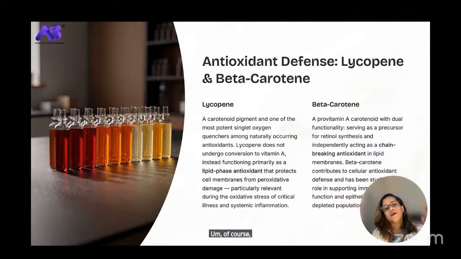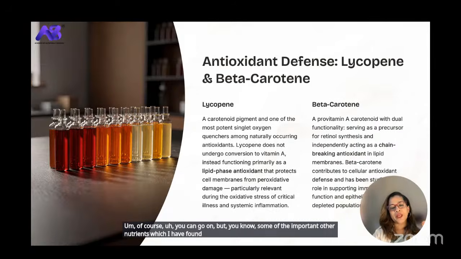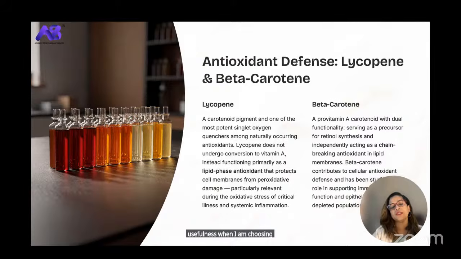Of course, you can go on, but some of the other important nutrients which I have found of great usefulness when I am choosing the right supplement are lycopene or beta carotene, which are very powerful carotenoid antioxidants. They protect the body from oxidative stress and chronic disease.